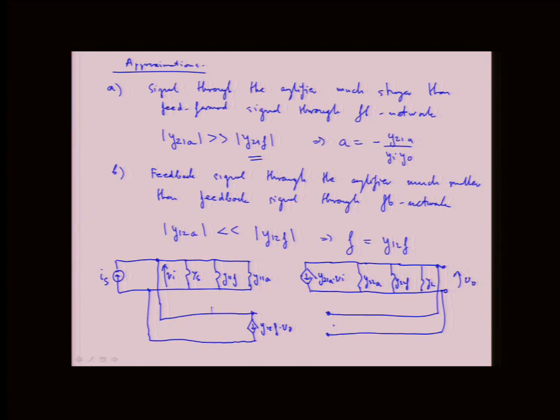So now I can say, okay, this is my feedback, or I can say new feedback network. And then this is now my new amplifier, new basic amplifier.